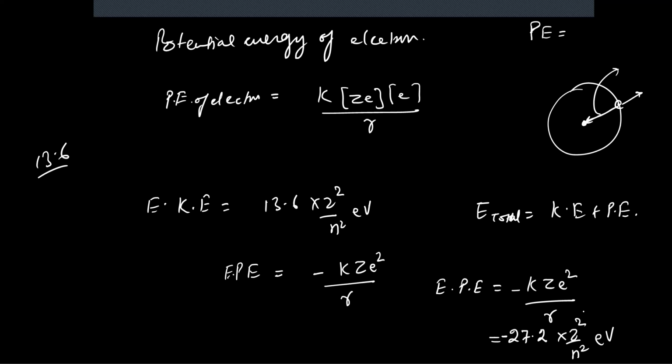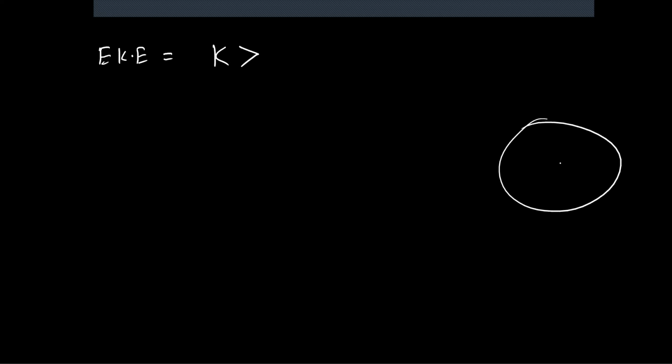So there is a relationship: as we come closer to the nucleus, the kinetic energy of the electron will be more. Like when we rotate a ball, it rolls, and when it goes into the hole, it takes very fast rounds.